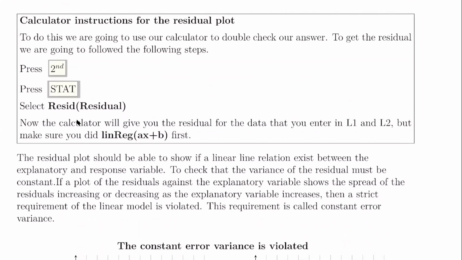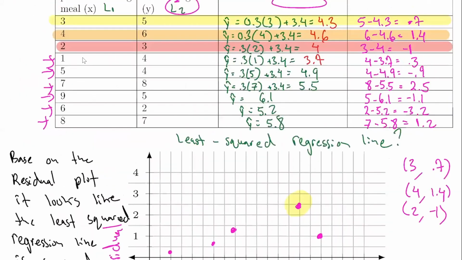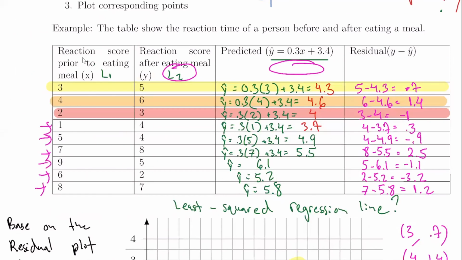All right, so we're going to go back to that problem, and we're going to do a residual plot using our TI-83 or TI-84, whichever model you have. If you look at the instructions, first thing first, you have to enter the data set into L1 and L2. In a little bit, we're going to go back to this original data set and enter X into L1 and Y into L2.